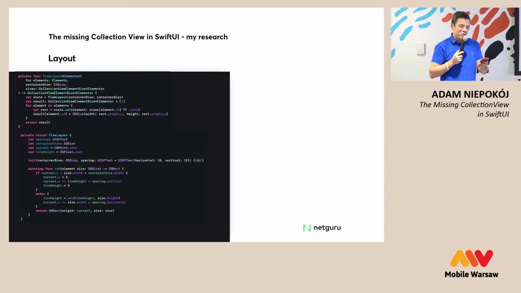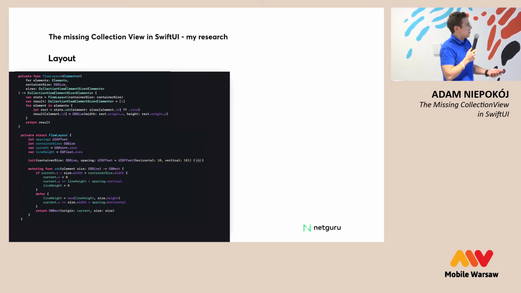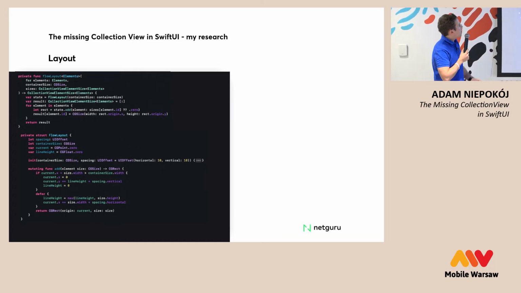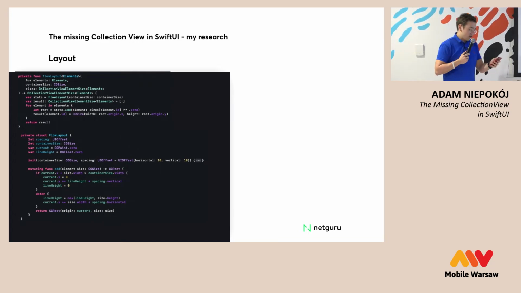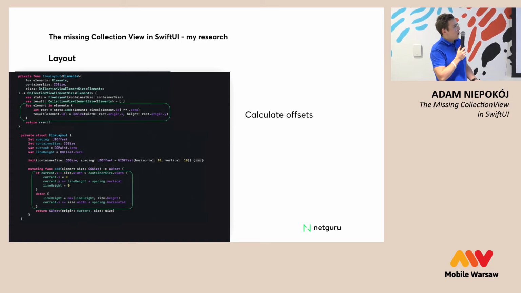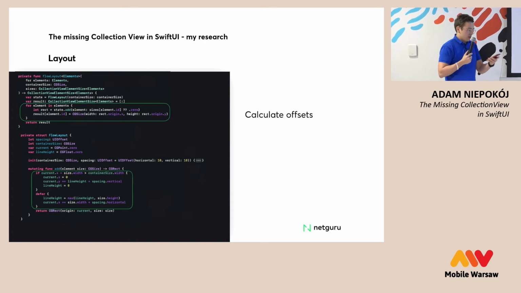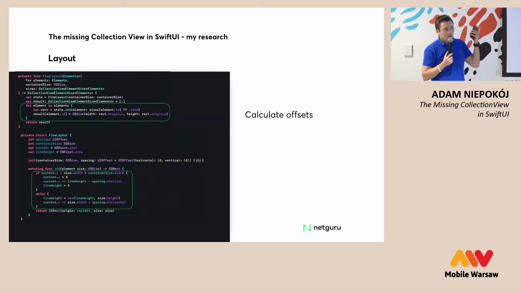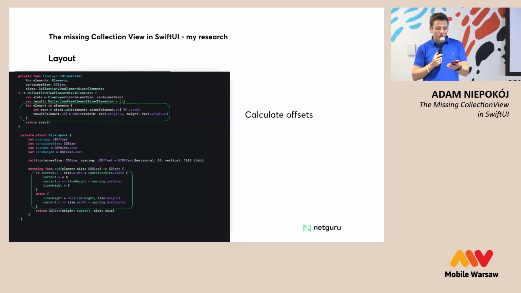I strongly recommend you guys to dive into this. It's actually a paid subscription, but they have really valuable content. And this layout struct and functions allows us to calculate the offset and lay out our objects. So we get each object piece by piece, and then we get its sizes and just lay it out and then put it in the ZStack as we saw on the previous slide.